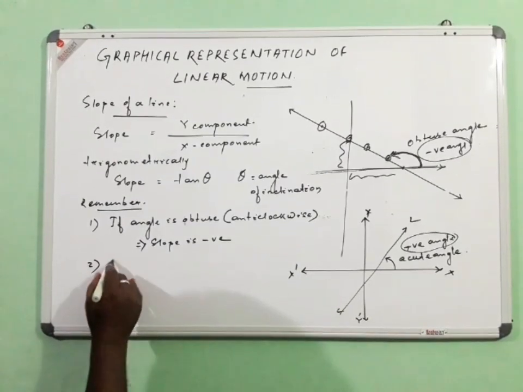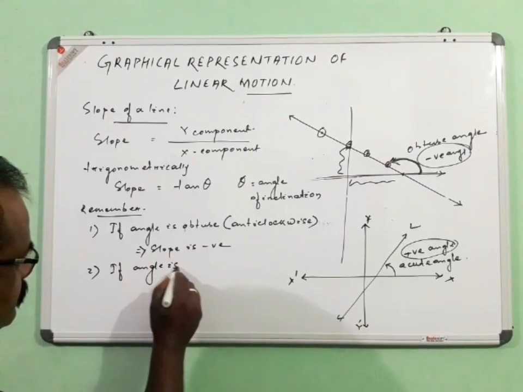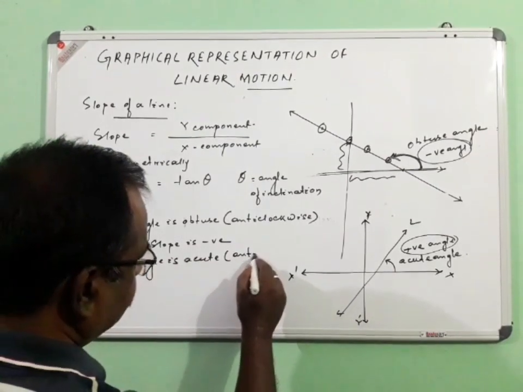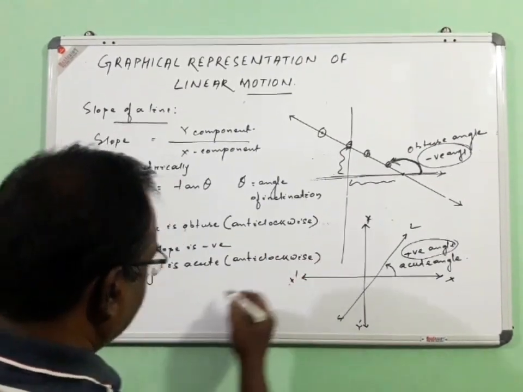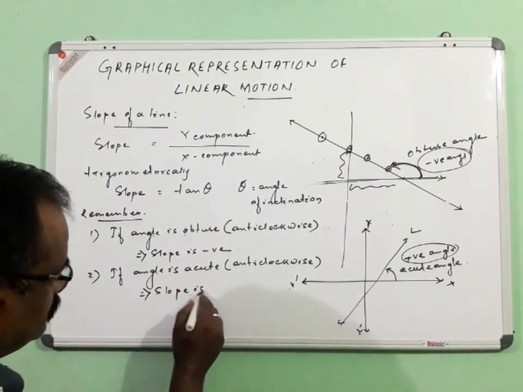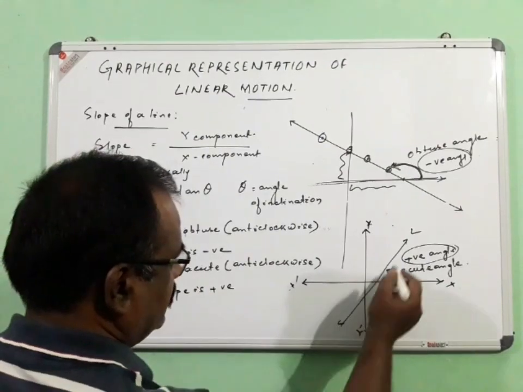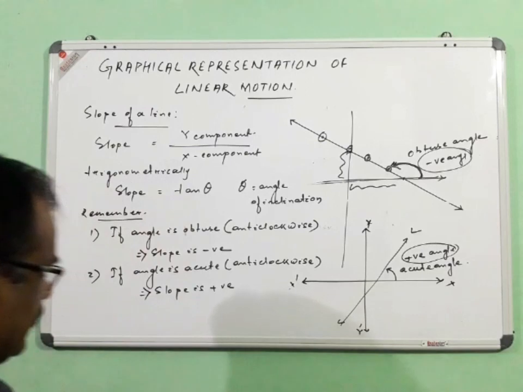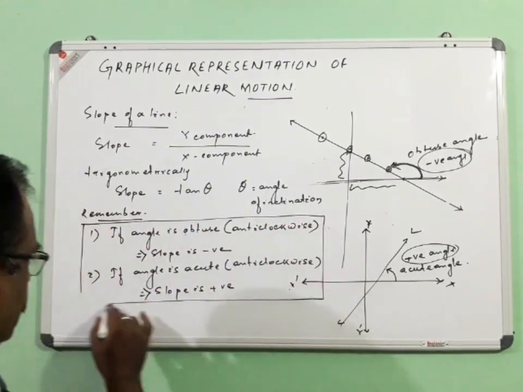Or similarly, if the angle is acute when measured anti-clockwise, then in such cases the slope is positive. So here we can say that the slope of the line is positive and here the slope is negative. So this is very important to remember.